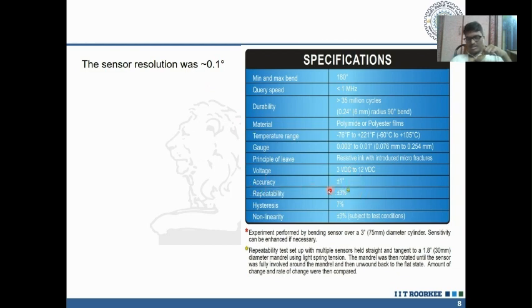Accuracy can be plus or minus, this is the accuracy error. And hysteresis depends on the elastic property of the material, so there will be some hysteresis losses of around 7%. And non-linearity, because the elastic property doesn't always follow straight lines, so there will be about plus or minus 3% error.